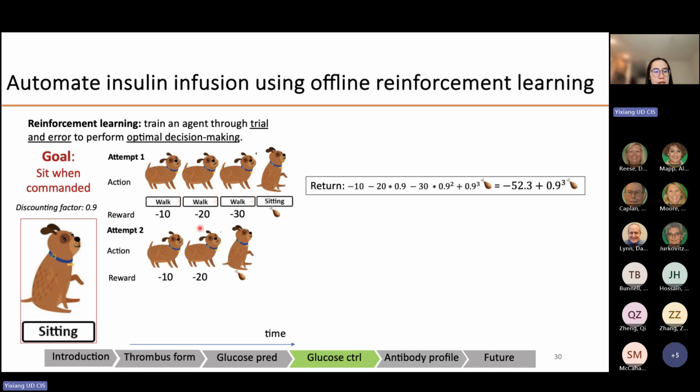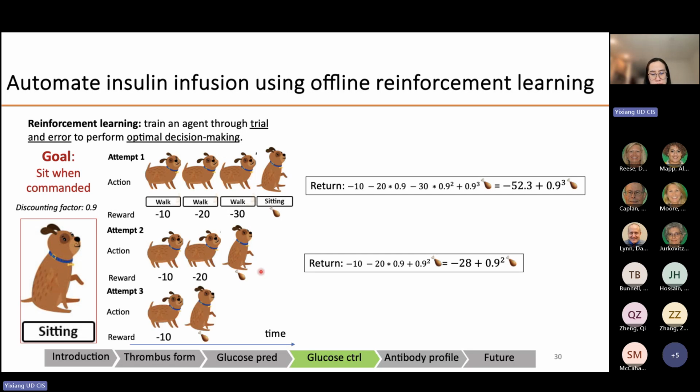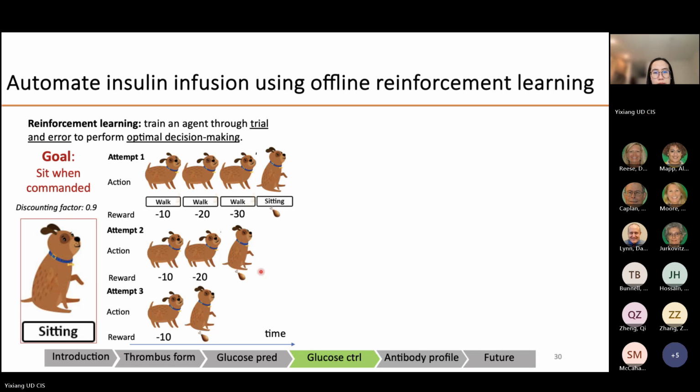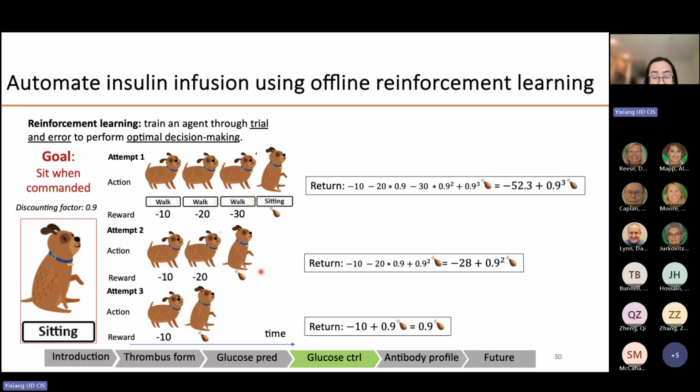In the second attempt, our dog maybe finds out that when it performs sitting, it will quickly get meat, so it actually reduces the corresponding return. And then in the third attempt, the time elapsed between our commanding and its sitting will be smaller and smaller due to a reduction of the return. Sorry, an increase of the return actually.